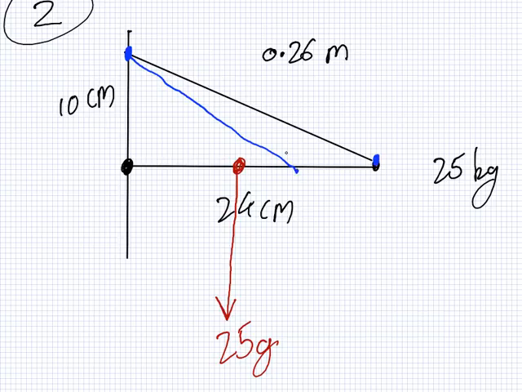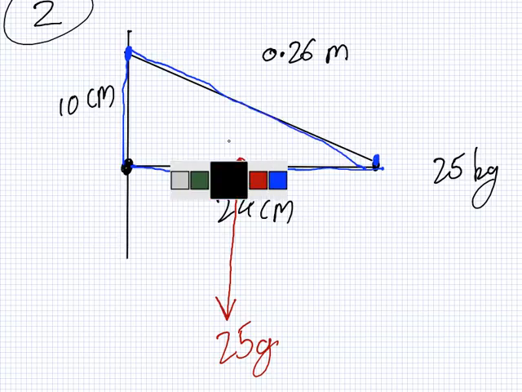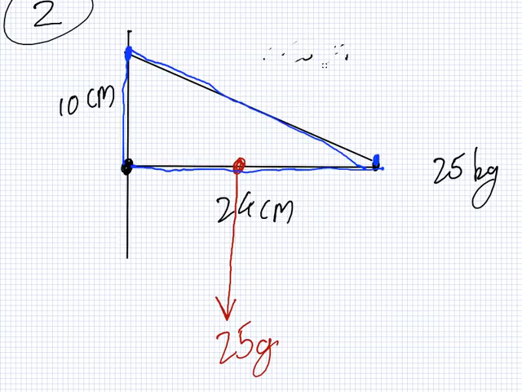But if you think about it, if this is 24 and this is 10, then from Pythagoras this must be 26. Why did I write some of them in meters and some of them in centimeters? I should keep it the same. Okay, it has to be like this. It can't be the other way.